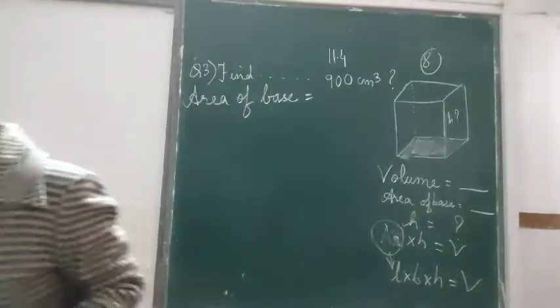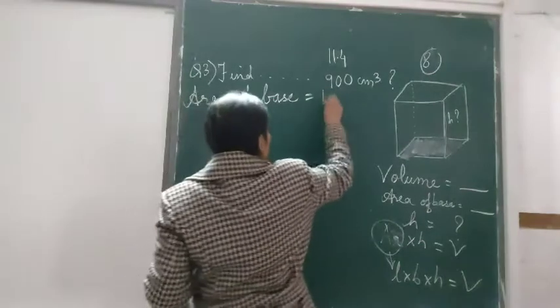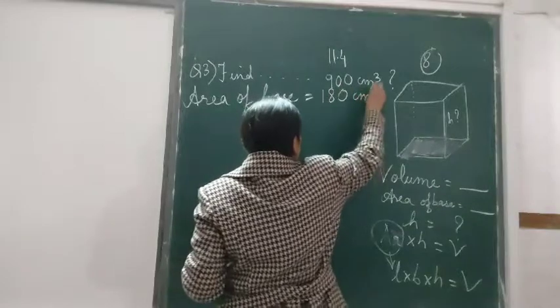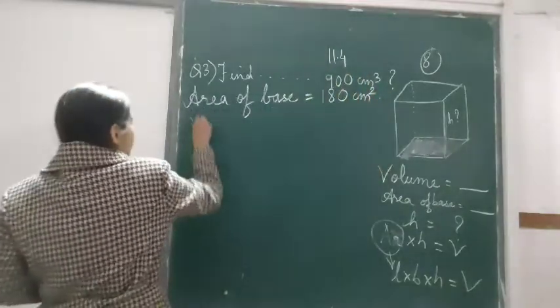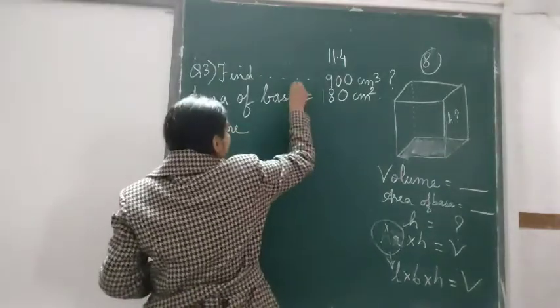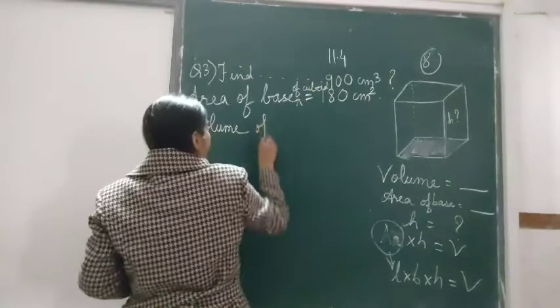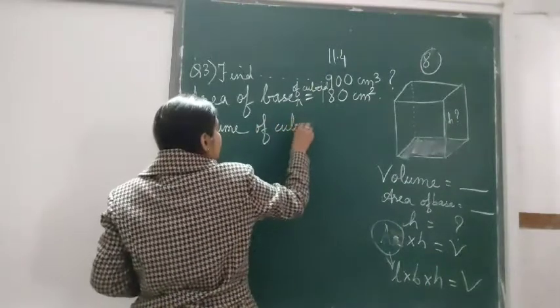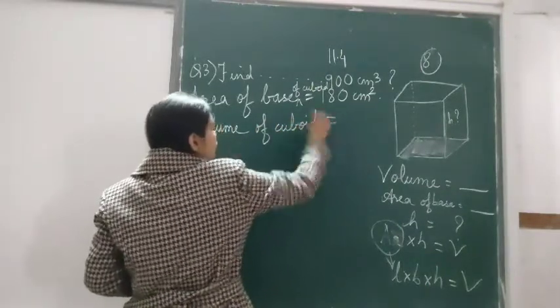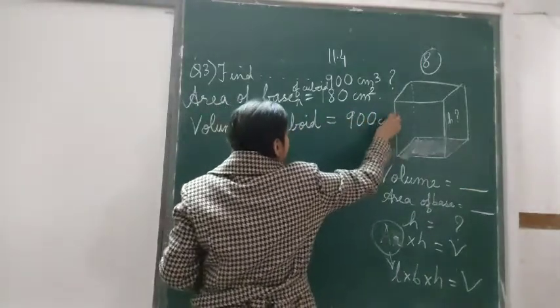Area of base of the cuboid is 180 centimeter square. Volume of cuboid, which is equal to 900 centimeter cube.